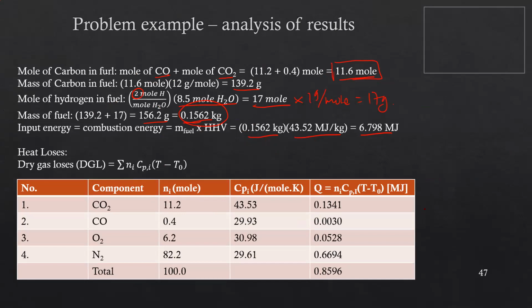Okay, so for the dry gas losses, we can calculate it based on a formula. The formula is the moles of species i multiplied by the heat capacity of species i, multiplied by the difference between the temperature of the exit flue gas and the reference temperature. I made a table to make it easier.